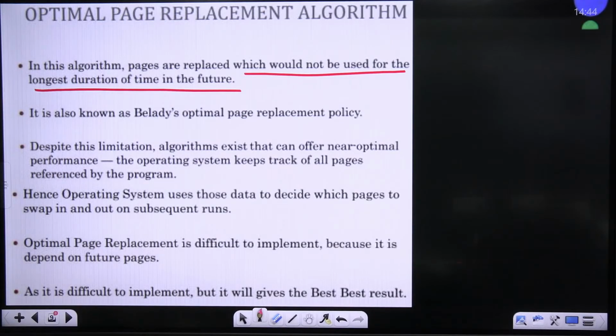So despite this limitation, algorithms exist that can offer near optimal performance. Optimal performance के near रहेगा, and that is nothing but an algorithm like least recently used. So how are we going to follow the least recently used algorithm? Let us try to see here.